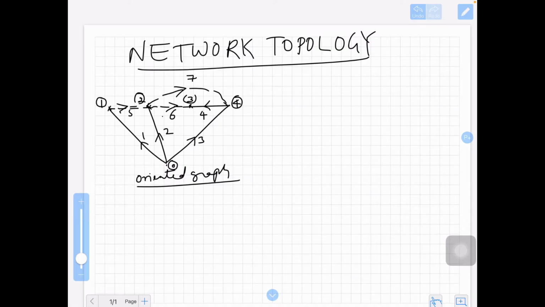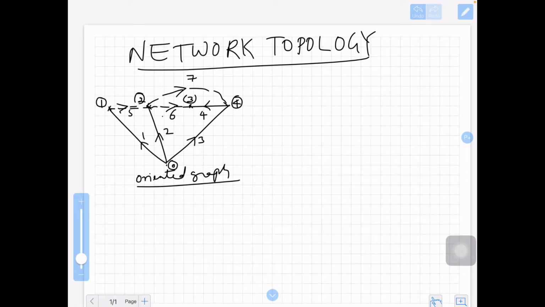Here in this video, as you are seeing, I have considered the oriented graph, the same which was considered in the previous video, and let us brief about this oriented graph. Here we have branches which are marked in dark line, that is 1, 2, 3, 4 branches, they are line segments, and the links are written in broken lines, they are 5, 6, 7.